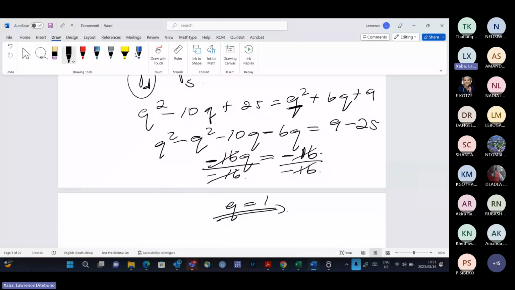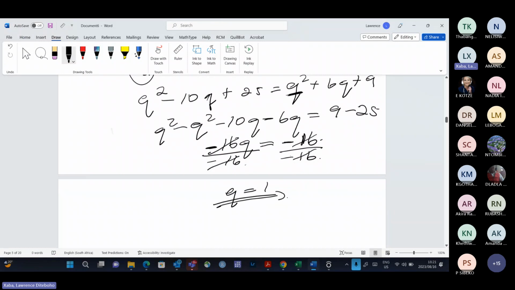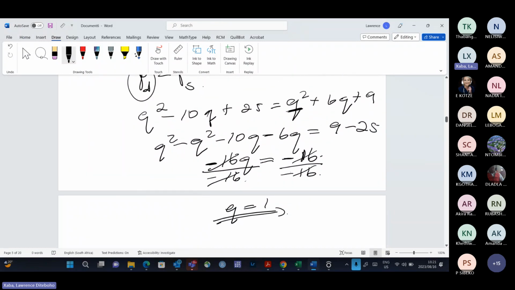But now we are not done. Because we said these two equations are equal, it's up to you guys. You can take one and try it.